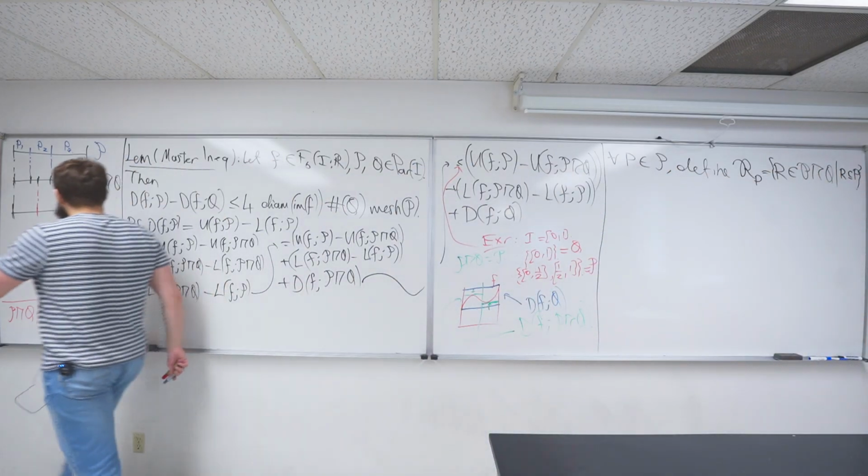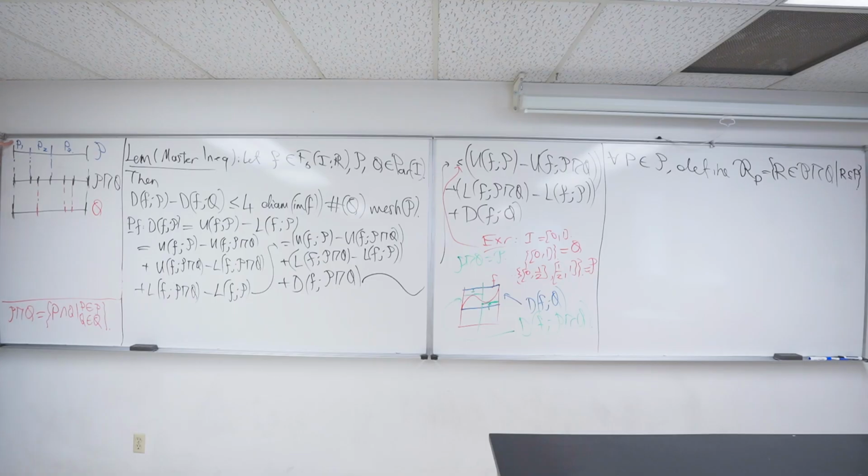What is R sub P1? It's the pixels in the coarsest common refinement that are completely within P1. In this case, it only has this. This is the only element.